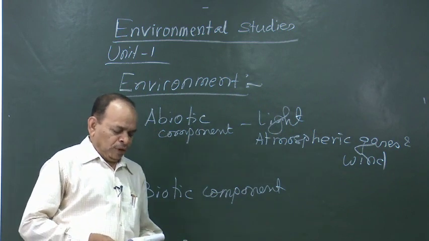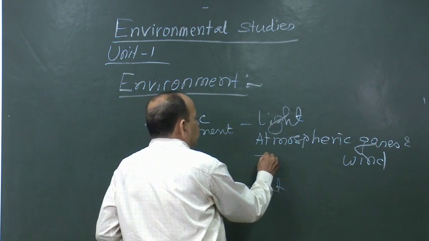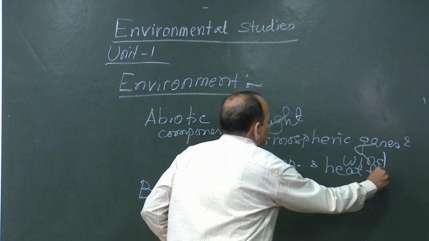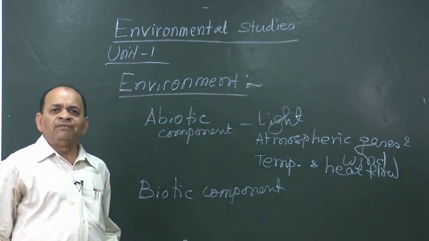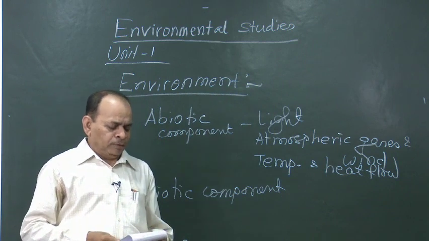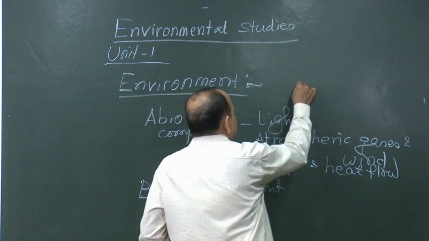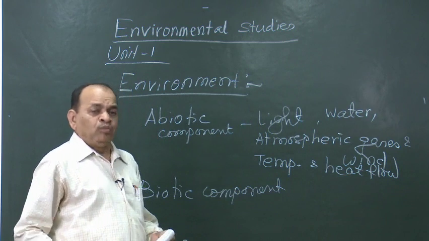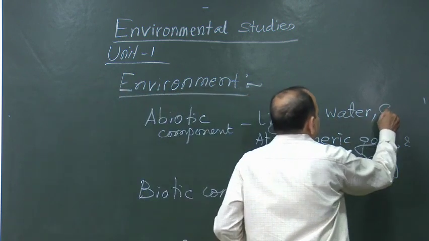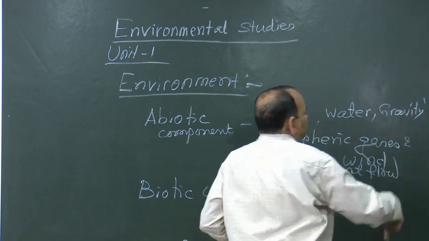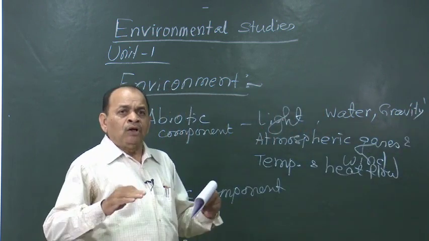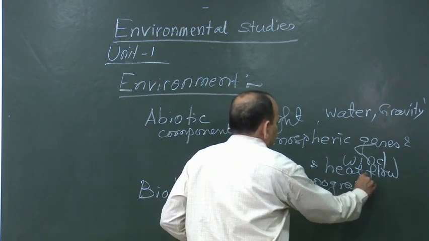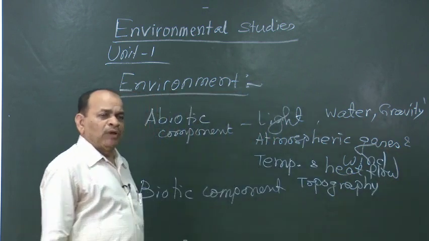Then temperature and heat flow, that also comes under abiotic components. Then water, then gravity, and then topography, then soil.